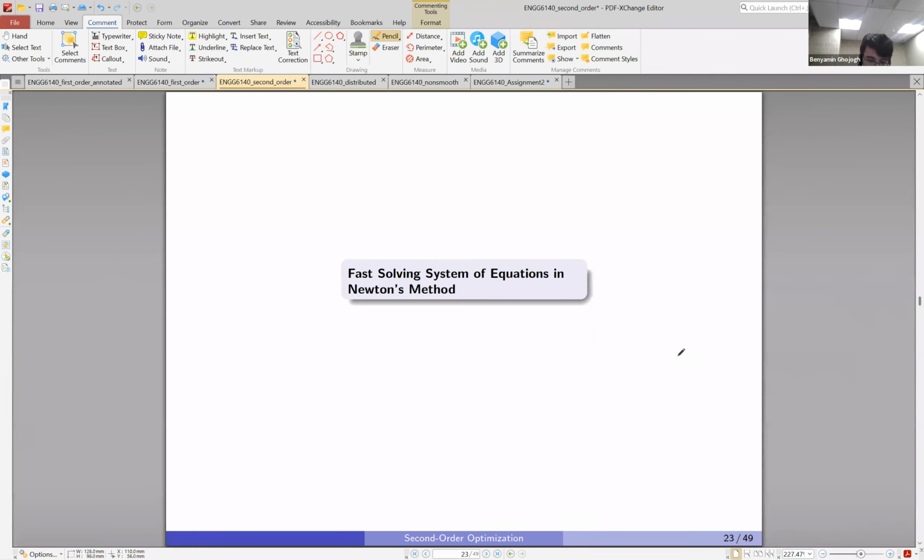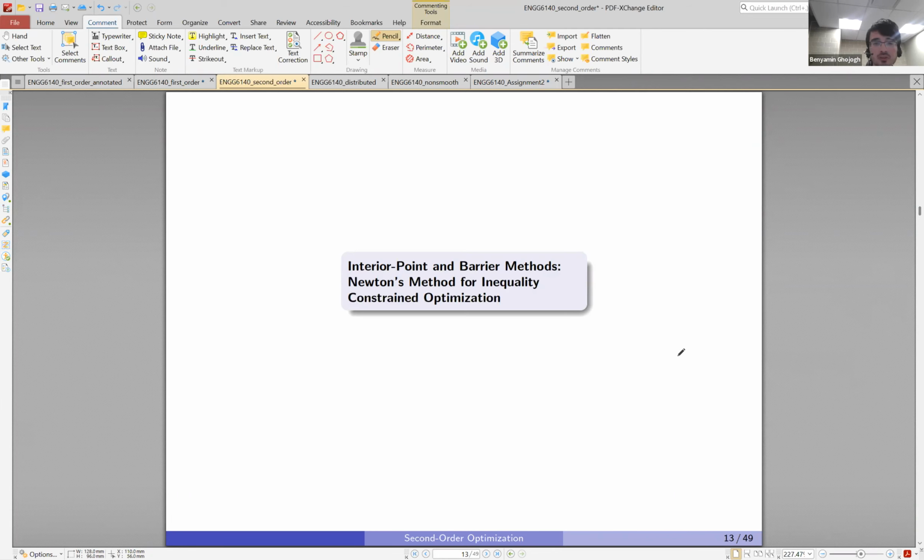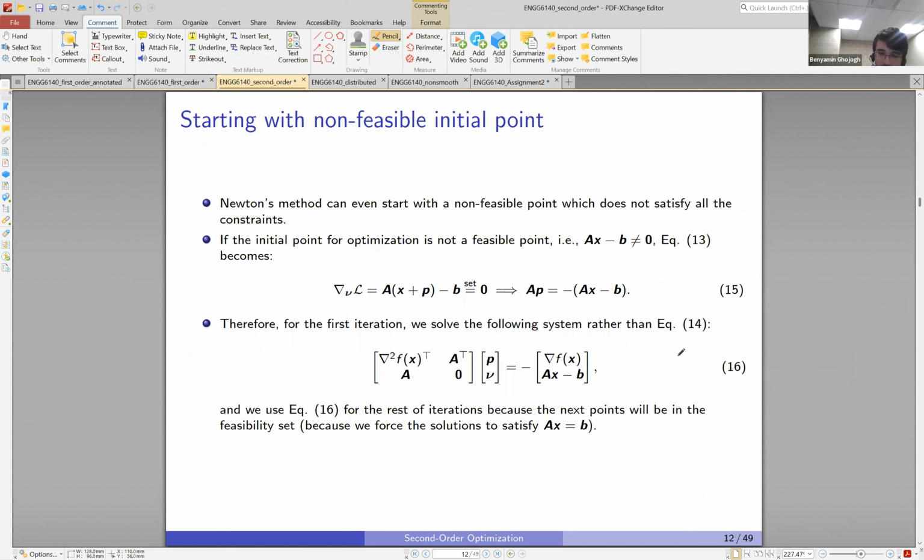Fast solving of equations in Newton's method. Do you remember in the previous session, I said that in the interior point method and Newton's method, we can make it fast, because for large dimensionality or a large number of constraints, these matrices become large, and solving equation 16 might be time consuming.